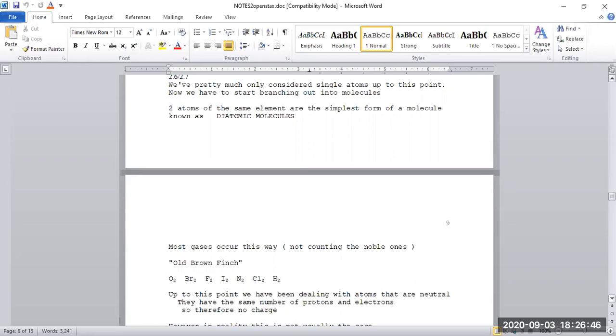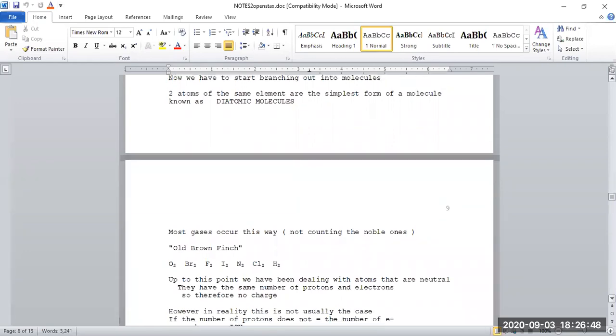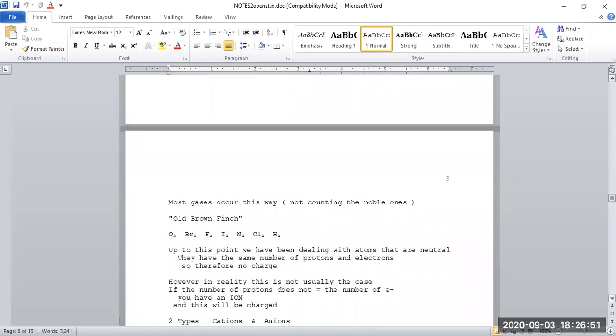So those 7 elements all occur naturally in the diatomic form, especially oxygen. Oxygen is hardly ever found as a single atom. It always wants a buddy. So do pretty much all of the other things there. So we've got the O in the old stands for the oxygen.